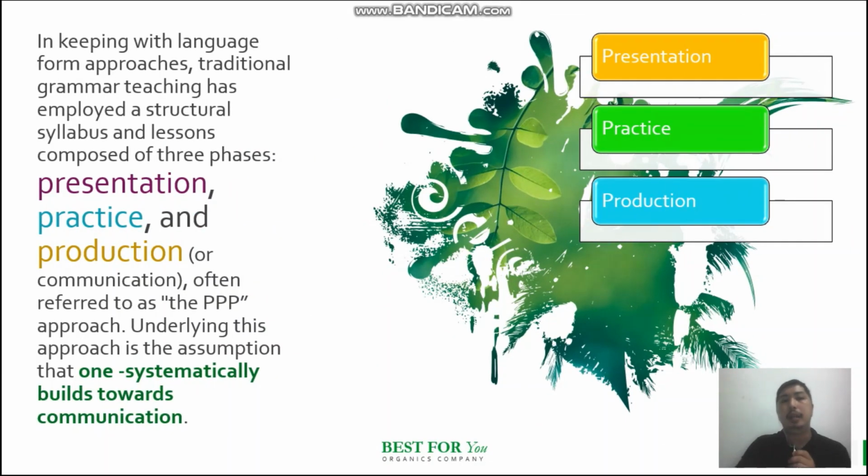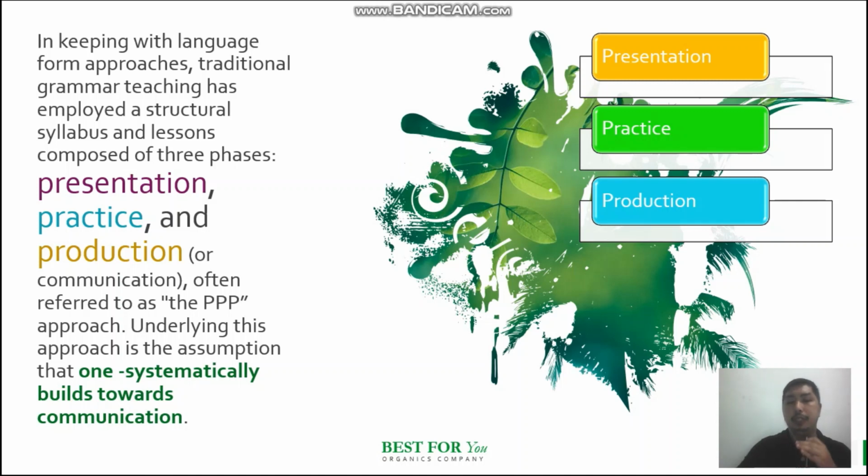The next one, in keeping with language form approaches, traditional grammar teaching has employed structural syllabus and lessons composed of three phases. The first one, we have the presentation, practice, and production. Take note of those three: the presentation, practice, and production, often referred to as the PPP approach.